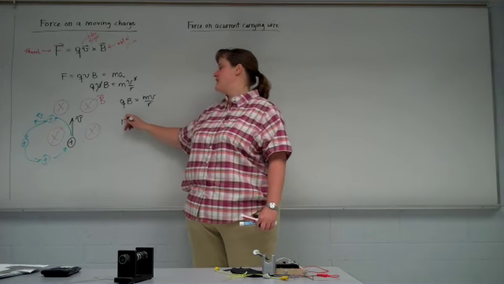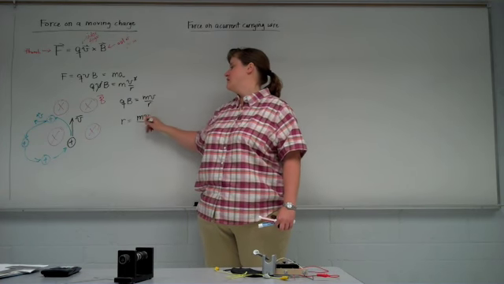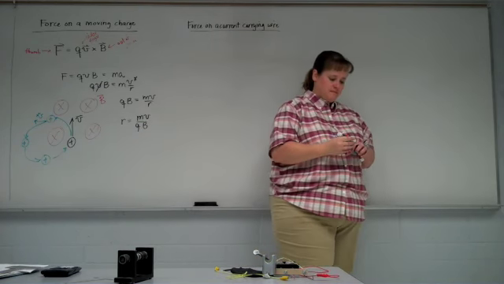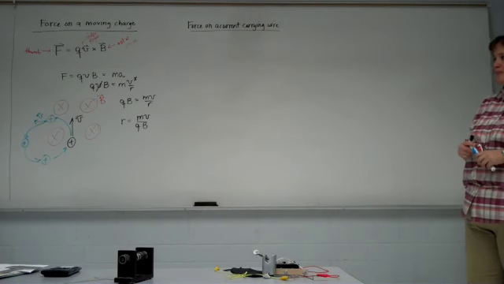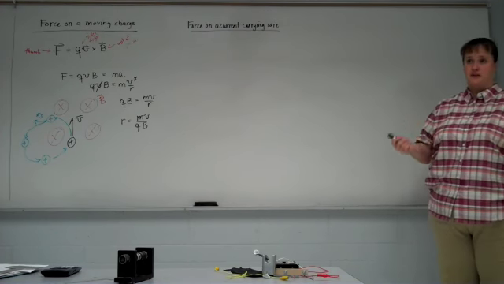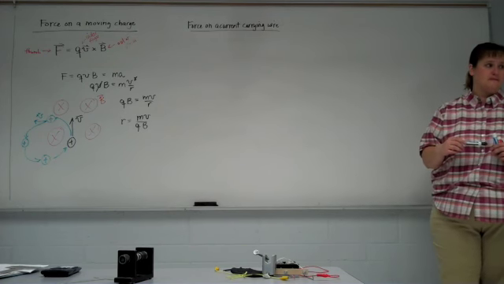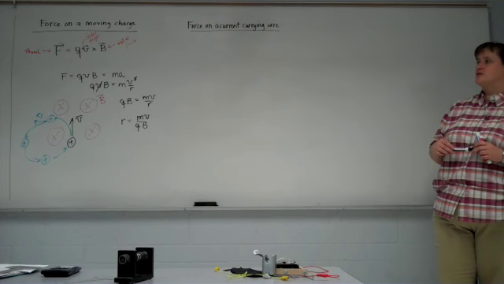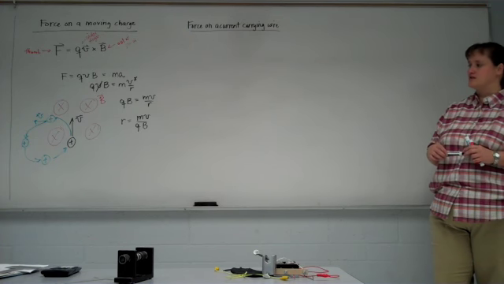For example, the radius of the circle our charge will move in is equal to mv over qB. The faster it's going, the bigger the radius it will move through. The stronger the field, the smaller the radius will be. So force on individual charges moving through the field will result in the charge moving in a circle.